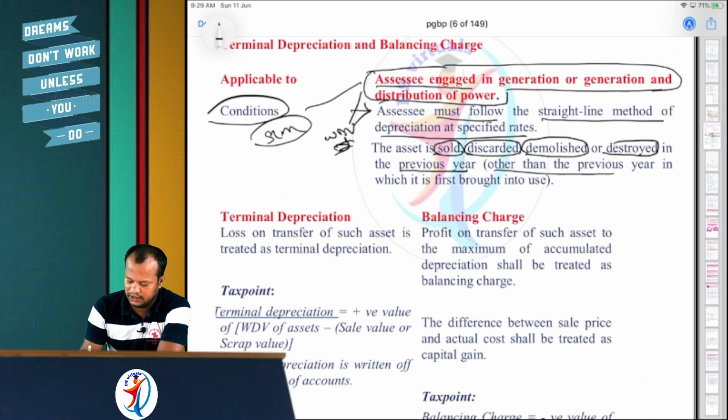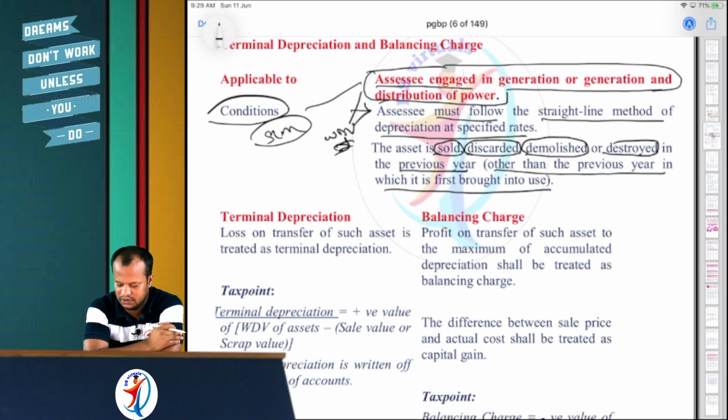If it is sold, discarded, demolished, destroyed in the previous year in which it is first brought into use, it means in the year of acquisition, first put to use, then there will be no balancing charges or terminal depreciation.